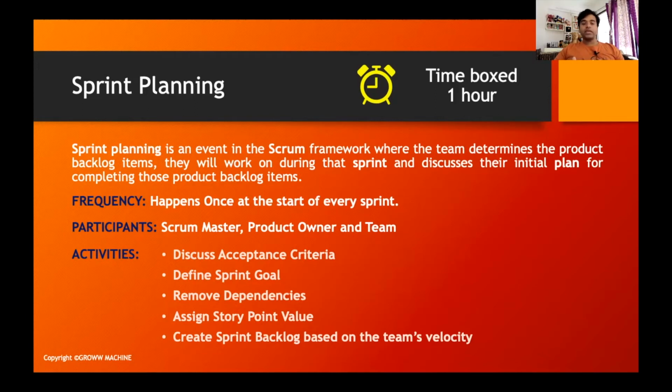Practically, when we are finalizing the stories, we also size them and assign them a story point value, or the effort, how much it will take to complete that particular item. That is definitely done as part of sprint planning. And as I already told you, we also create the sprint backlog based on the team's velocity. Based on the team's velocity, we assess how many items can be pulled into that particular sprint backlog, and accordingly we pull them.